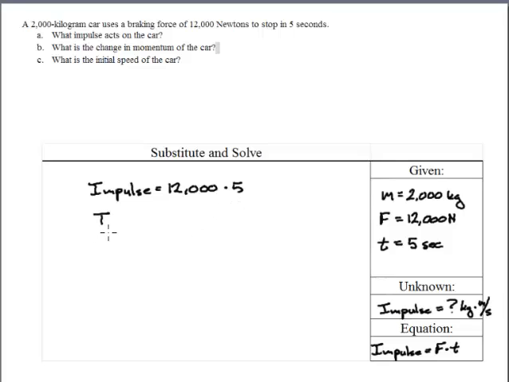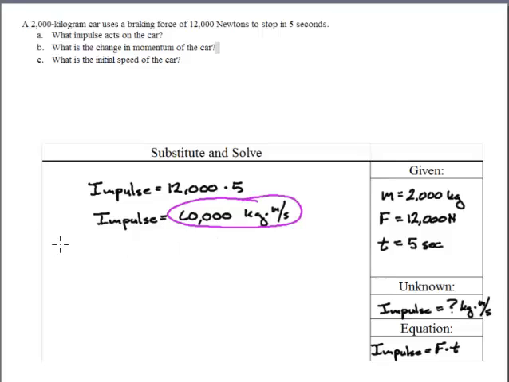When you do your math, I believe you calculate that 60,000 kilograms times meters per second. That's the solution to question A.